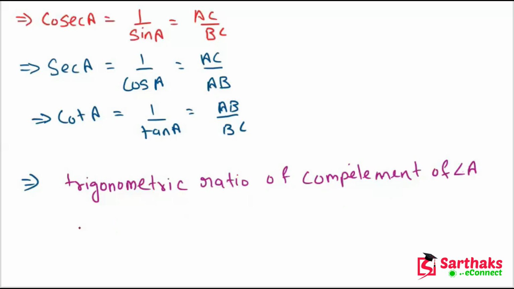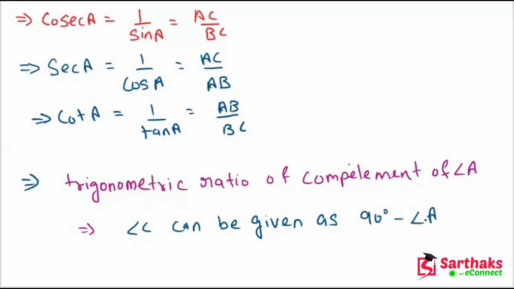So what is the complement of angle A? It means that angle C can be given as 90 degrees minus angle A. I hope you understand this.